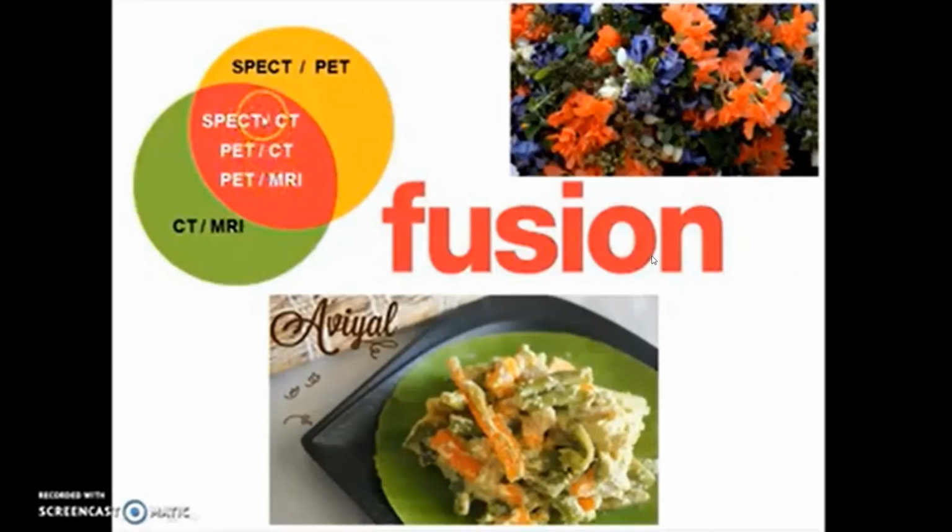For example, SPECT combined with CT, we call it SPECT-CT imaging. PET combined with CT, we call it PET-CT imaging. We also have a combination of PET with MRI called PET-MRI imaging. This is something like an AVL, that is a combination of two modalities, which we call fusion imaging.